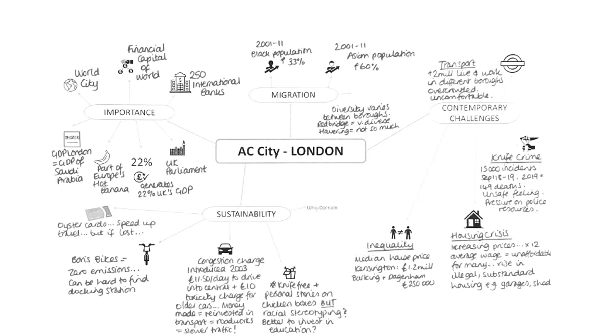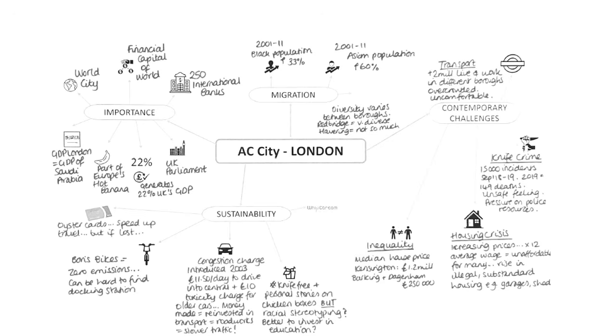So looking between 2001 and 2011, the black population of London increased 33%, the Asian population of London increased 60%. However, as we know, diversity varies greatly between London's boroughs. It's not universal across the whole city. Redbridge is a very diverse borough. Havering next door doesn't have anywhere near as much diversity. So that's an important point to make.